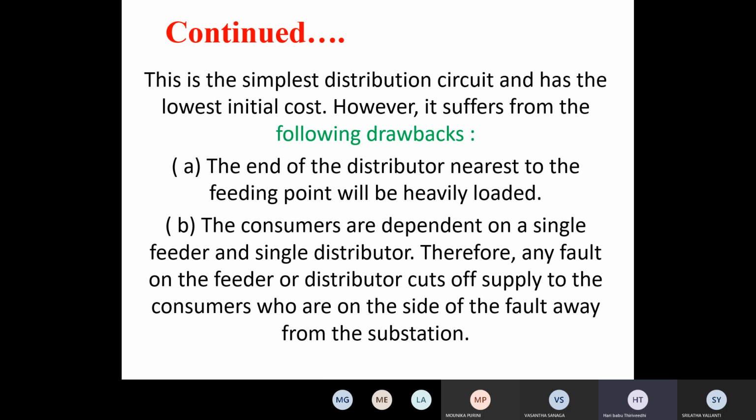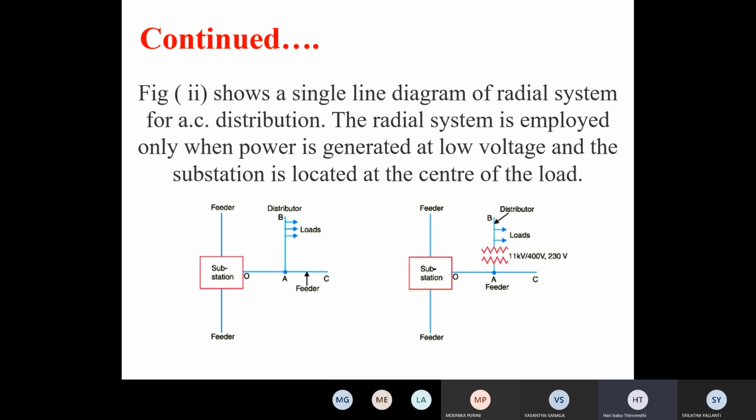So if the power is shut down, the consumer does not depend on another feeder. Whenever power is given again by the distribution company, up to that time the consumers may wait. That is the big problem. Consumers do not depend on the remaining feeders.